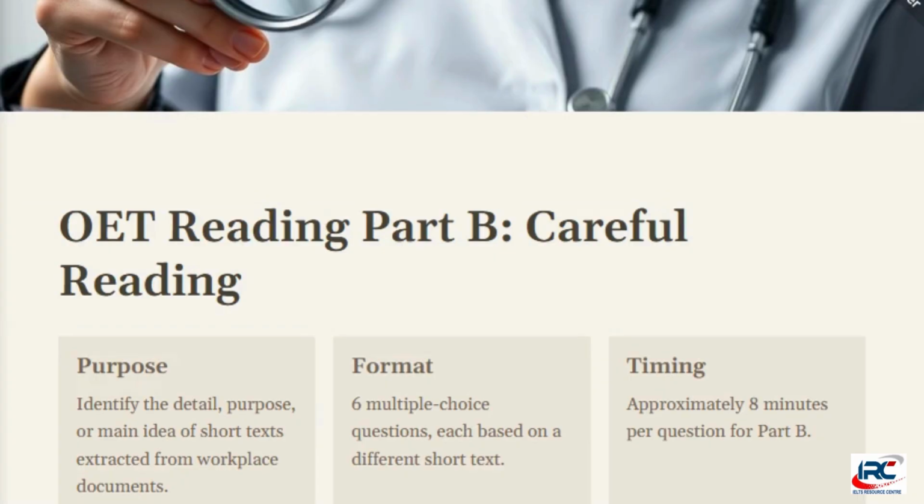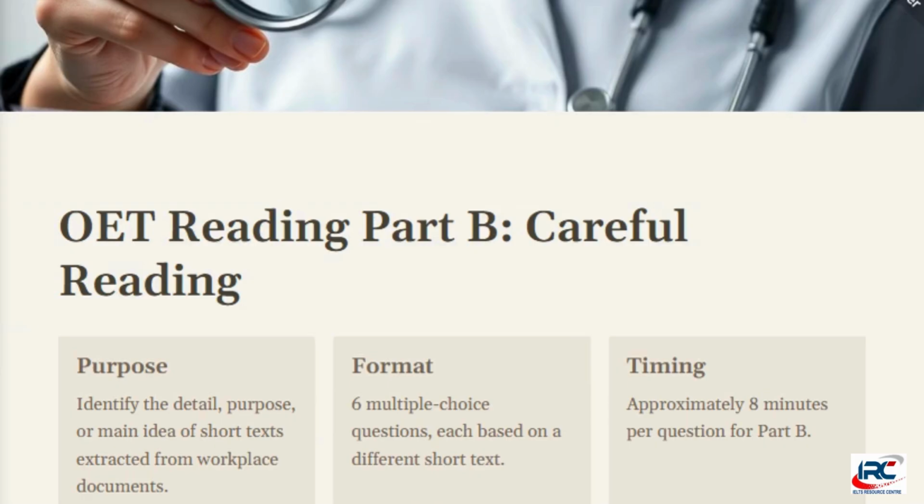Now, what is the purpose of this? It's about sharpening your eye for detail when it comes to Part B. In the OET Reading Part B, your mission is to dive deep into the heart of workplace communication. This section tests your ability to identify the finer detail, grasp the purpose, and uncover the main ideas hidden within short practical texts.